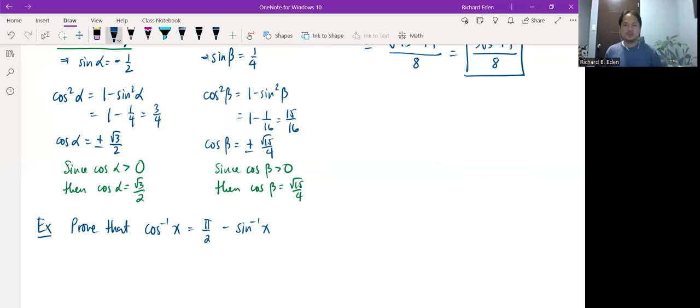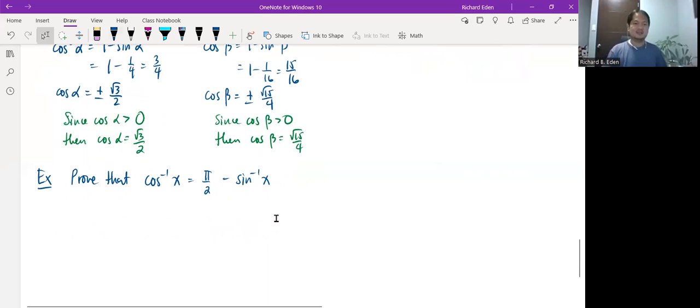How are we going to prove this? It's going to be similar to what we had earlier. Let's represent the cosine inverse and sine inverse by variables, so these variables would represent angles.